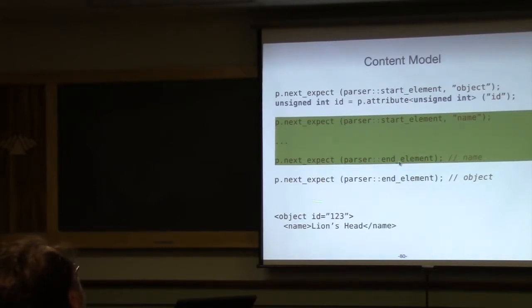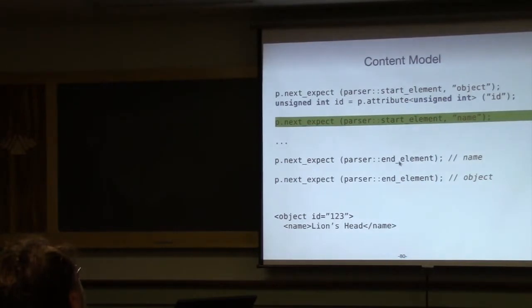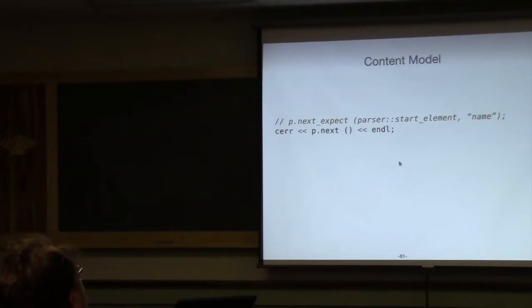Well, this is as far as we get in the XML. Okay. Well, we're actually going to get an exception here. And if we try to print it, we'll get characters instead of start element.